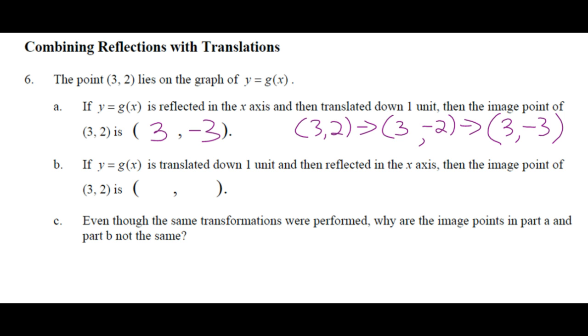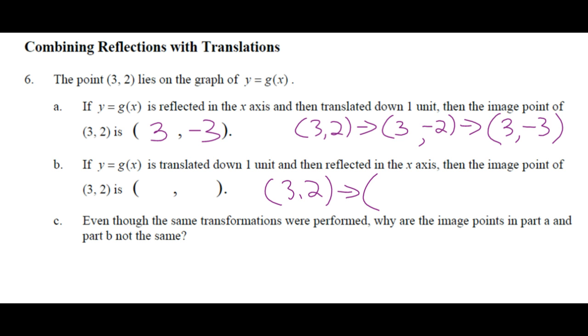This is how it became that. And I went through the transformations in order, right? So I did the reflection, and then I moved it down 1. Okay, if y equals g of x is translated down 1 unit, again, I'm slow, I've got to do this one step at a time.